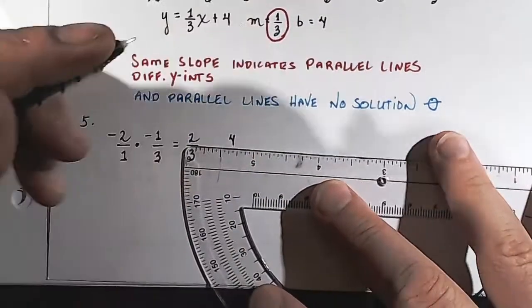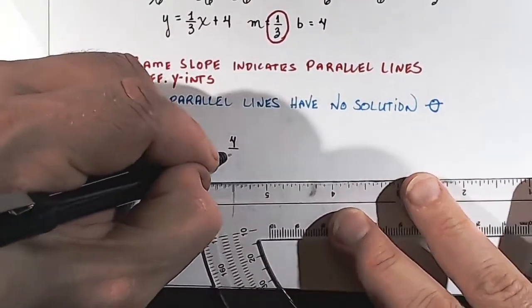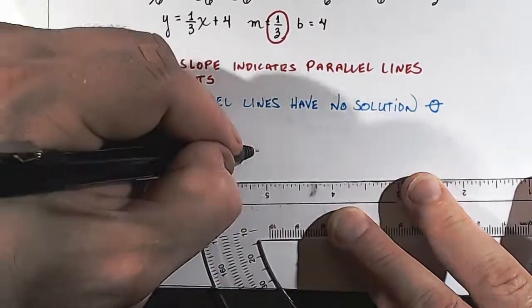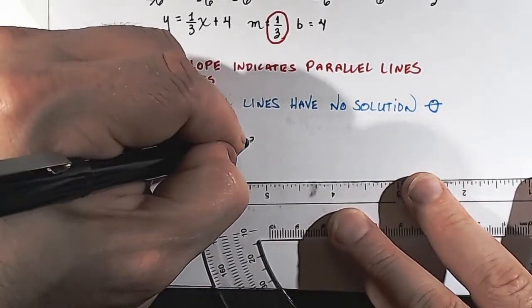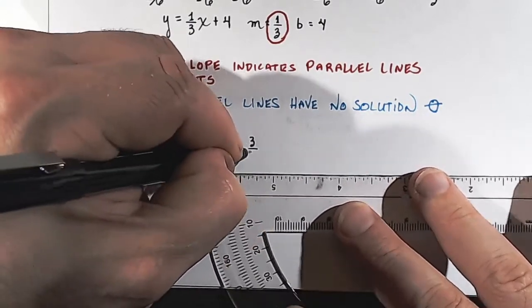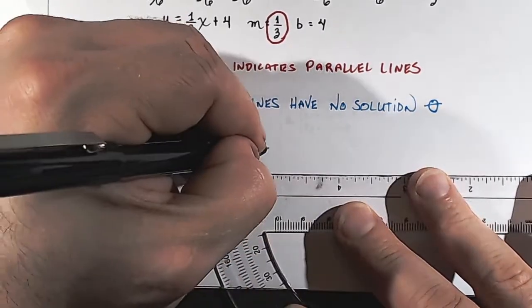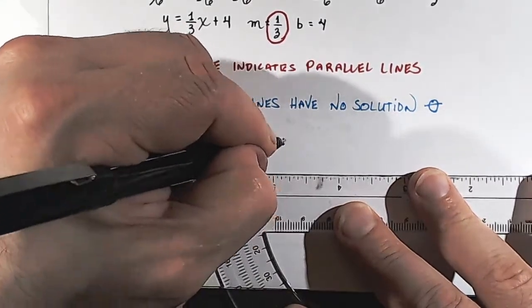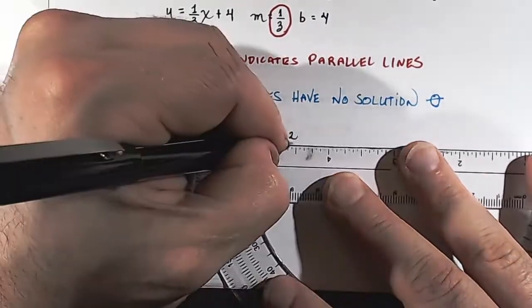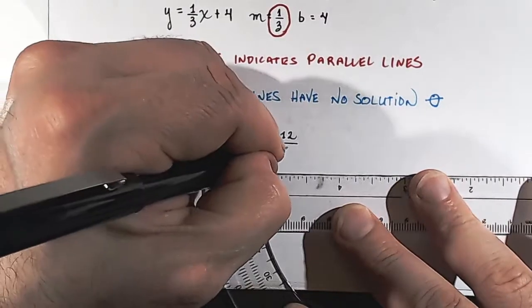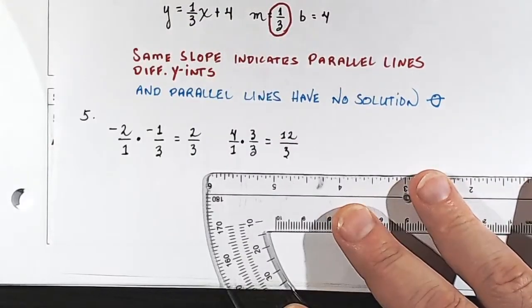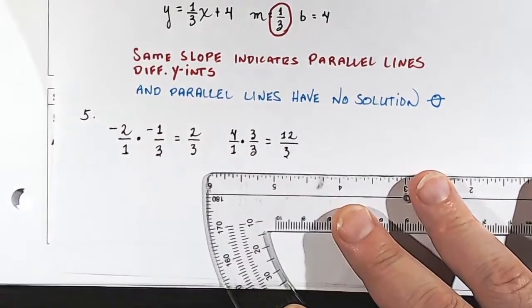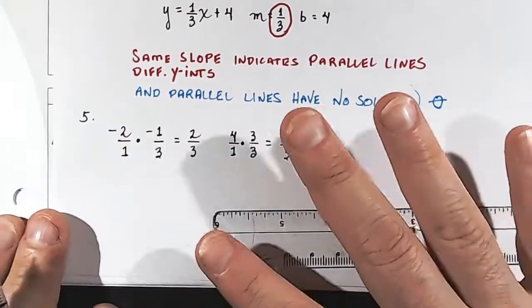So remember, 4 can be written as 4 over 1. And if I need a 3 in the denominator, I can multiply this fraction by 3/3. Okay, so 4 times 3 is 12. And 1 times 3 is 3. So 4 can be written as 12/3. And you see that 12 divided by 3 is 4. So all we've done is change the form.